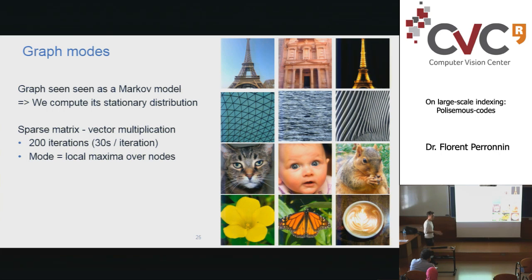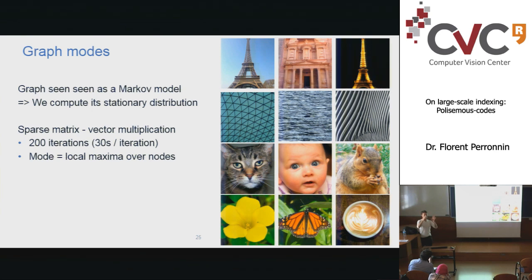So, of course, and this is not something new, you can view your graph as a Markov model, where you can go from one node to another connected node with a given probability. And then you can compute, of course, the stationary distribution of this Markov model. This is typically the algorithm which underlies the PageRank algorithm.